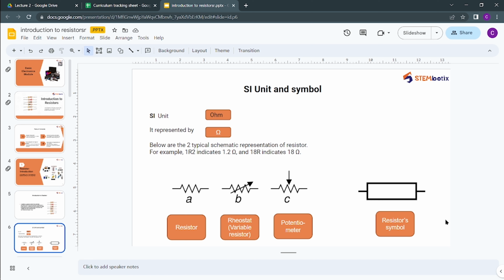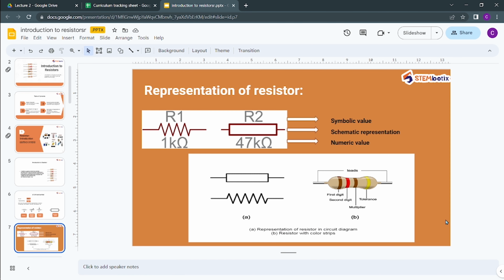Below are two typical schematic representations of a resistor. The SI unit is ohms and it is represented by this symbol. Now this is the representation of a resistor. Whenever a resistor is represented this way, R1 and R2 define its symbolic name.